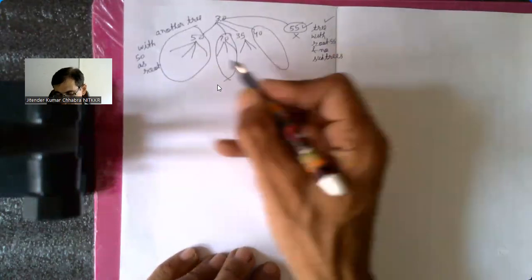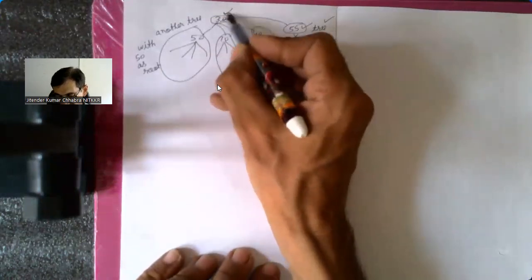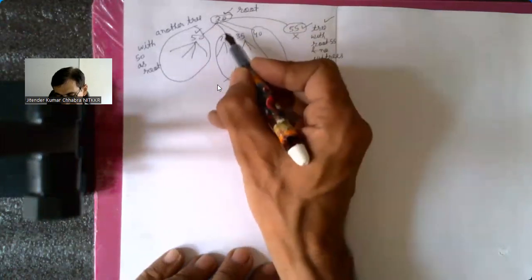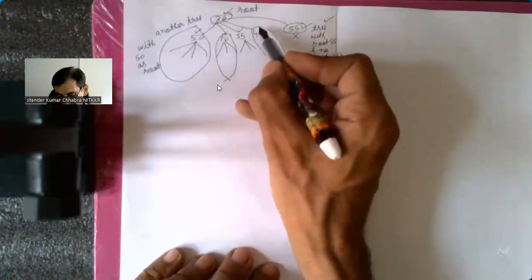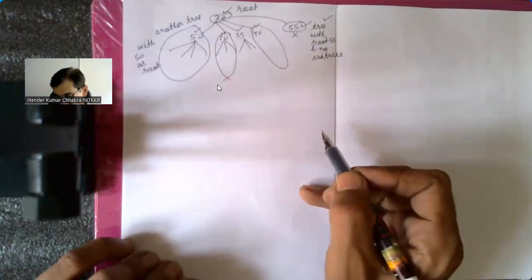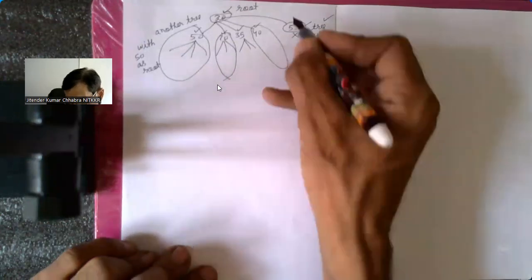But overall, this is again a root with many subtrees: one subtree with 50, one subtree with 70, 35, 40, 55, like this. Having said that, then we define the level of the tree.